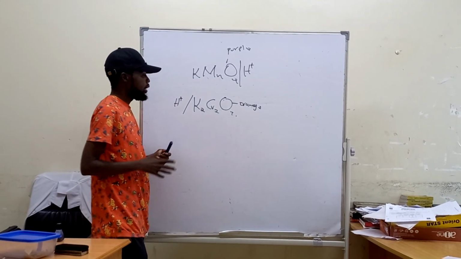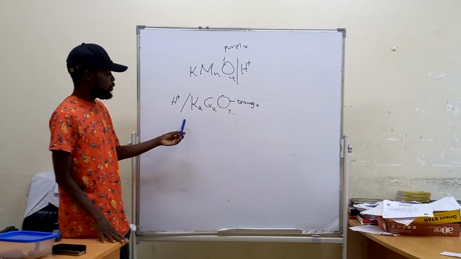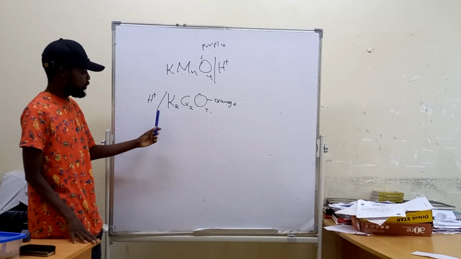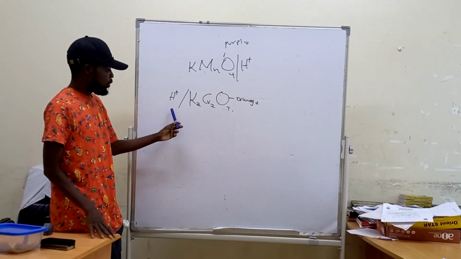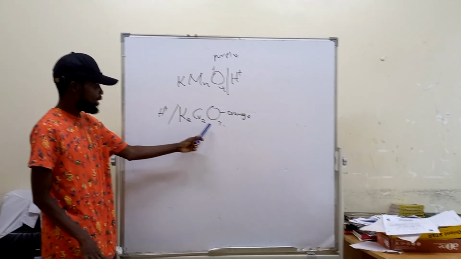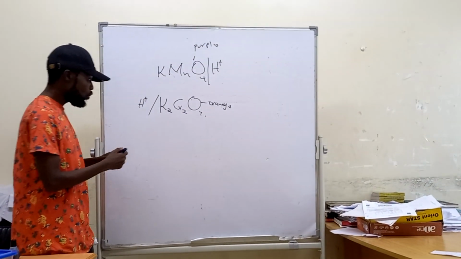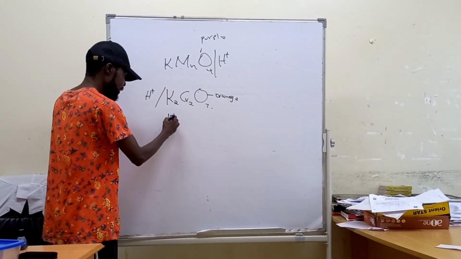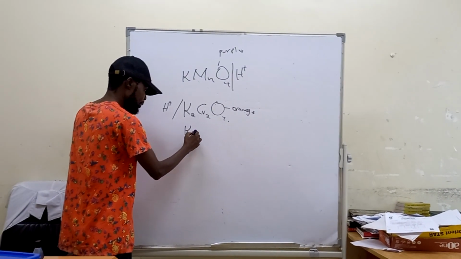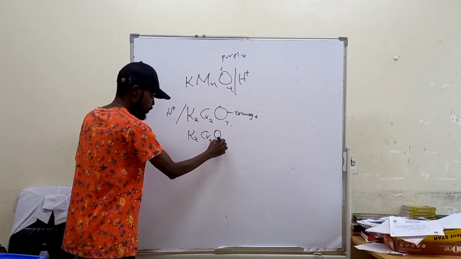Now the acidification is simply why, if a student asks why do they have to be acidified? If you want potassium dichromate 6 to exist in this form, then you acidify it. If there is no acid, it simply changes to potassium chromate 6, which is yellow.